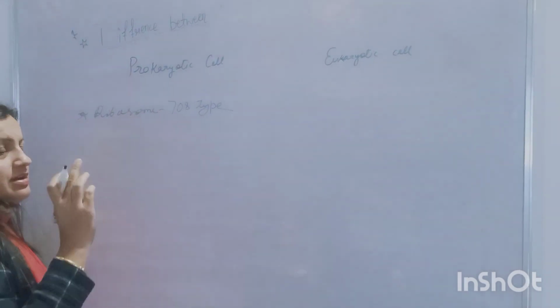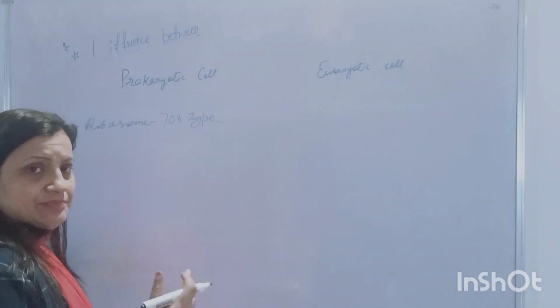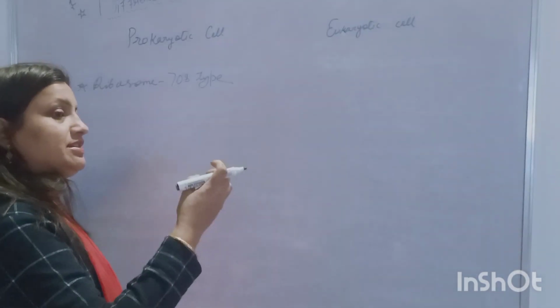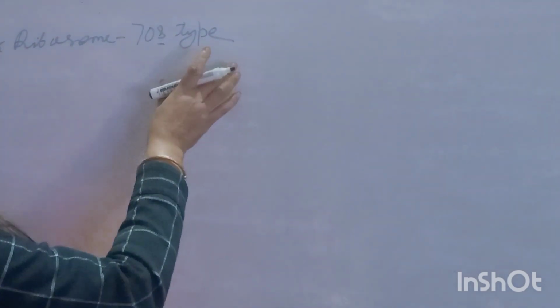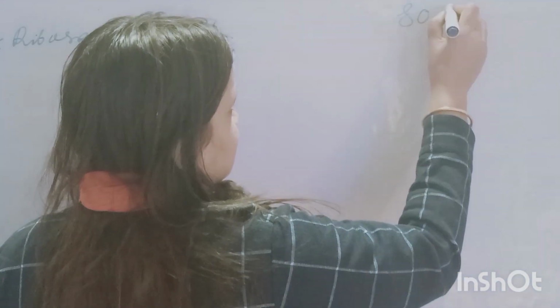In the ultracentrifugation process, when molecules move at very high speed, the molecules larger in size settle first. So the Svedberg unit is the sedimentation coefficient. When the ribosome is ultracentrifuged, it is found that in prokaryotic cell it is 70S type, but in eukaryotic cell it is 80S type.